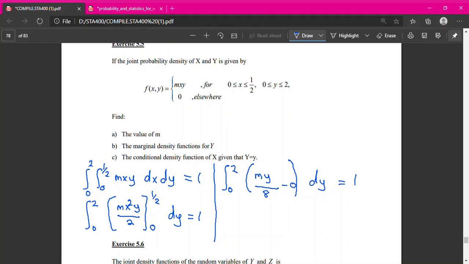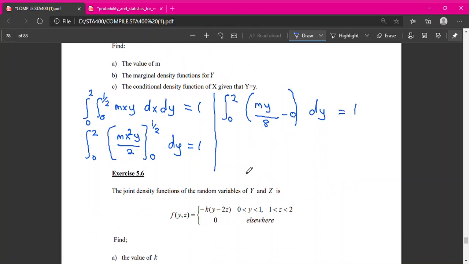So proceed dengan integration with respect to y. So you akan dapat m y square divide dengan 16, 0 and 2 equal to 1. Then replace 2 and 0 here in y.